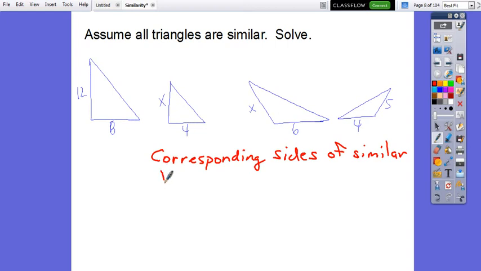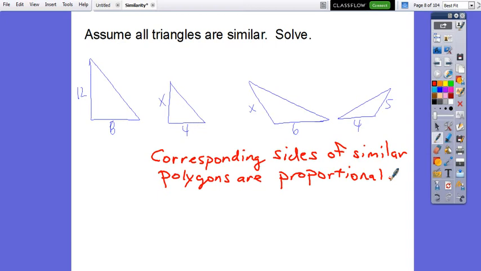I'm just going to say polygons, because a polygon can be any shape like that. Corresponding sides of similar polygons are proportional. Did I say that they're the same? No, they're in proportion, which means we can set up a little equation to solve for an unknown side.